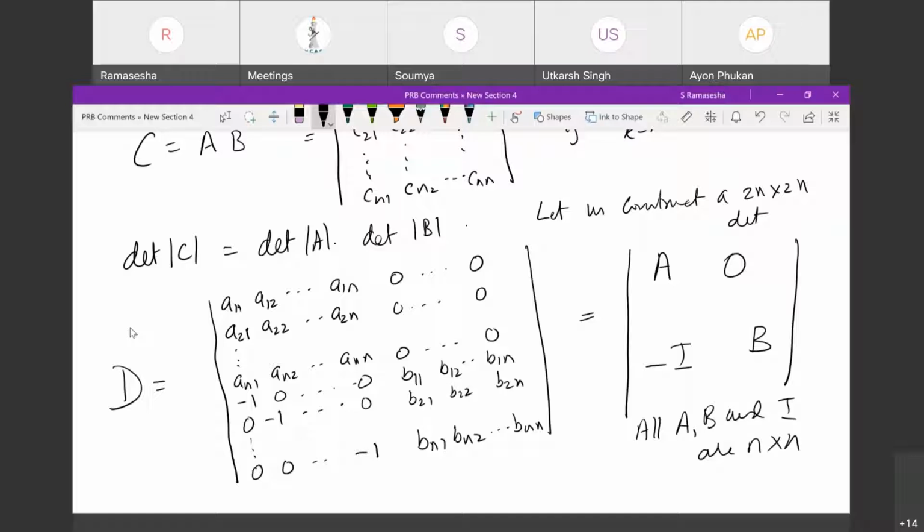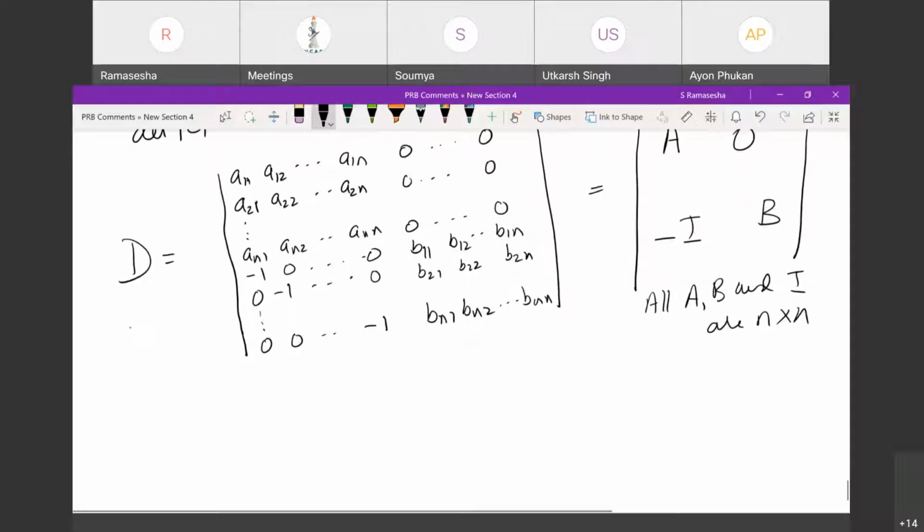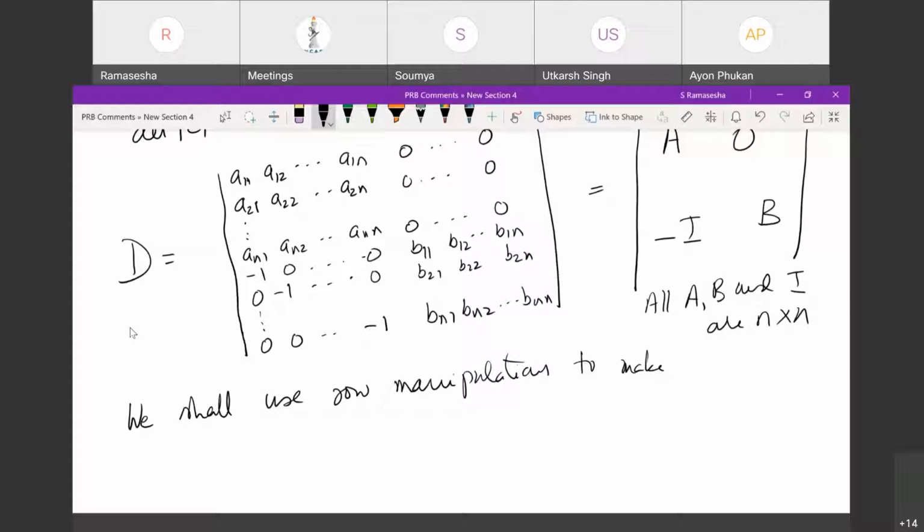Now, in order to evaluate this determinant, what I'm going to do is make the upper left-hand corner A zero. We shall use row manipulations to make the left-hand upper corner 0.